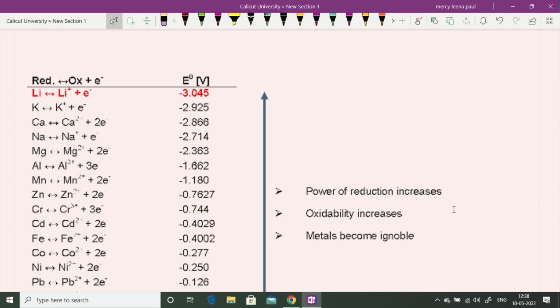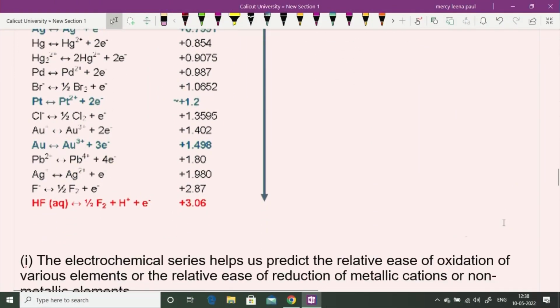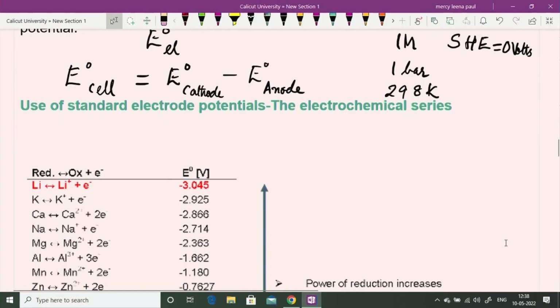These values are arranged in such a way that the reduction electrode potentials are increasing as we come down. It keeps on increasing and reaches the highest value for the last one, shown in red. Among the elements, fluorine has the highest reduction potential, and the least reduction potential is given by lithium, which is written on the top.